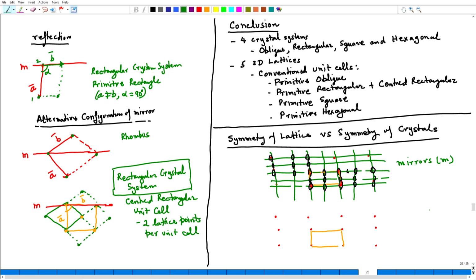So, I can draw a, so, these are two asymmetric motifs with a mirror plane in between. So, the right handed object is getting reflected on the left handed object.